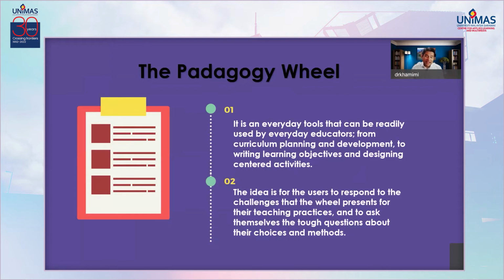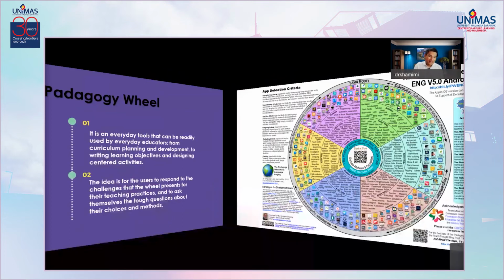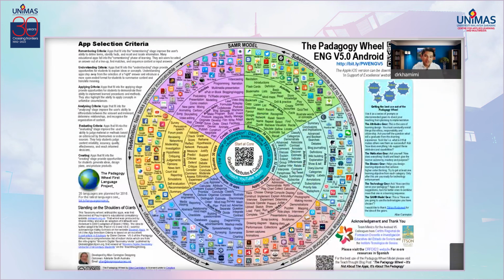Okay, and pedagogy wheel also, the idea is for the users to respond to the challenges that the wheel presents for their teaching practices and to ask themselves the tough questions about their choices and methods. So this is a pedagogy wheel version 5.0 for Android by Alan Carrington, okay, from Adelaide, South Australia.